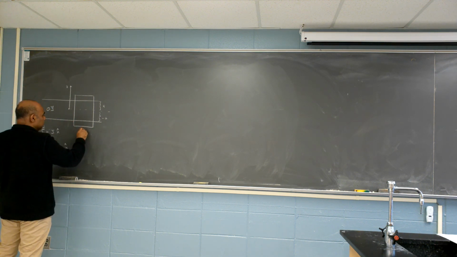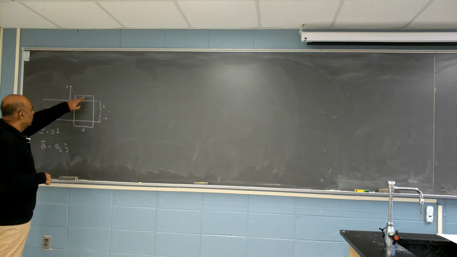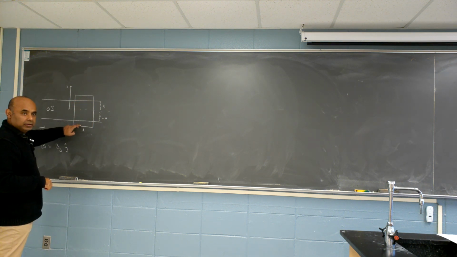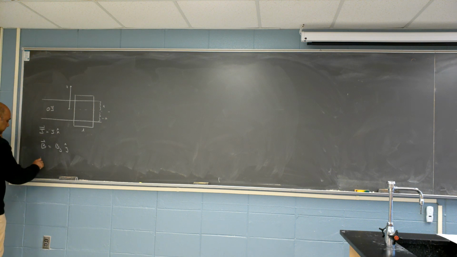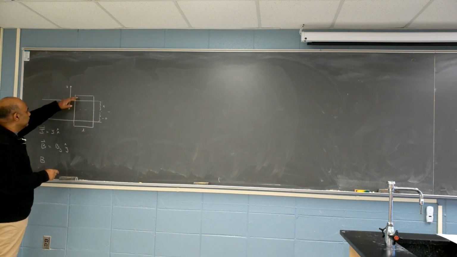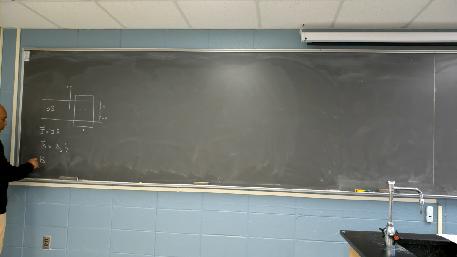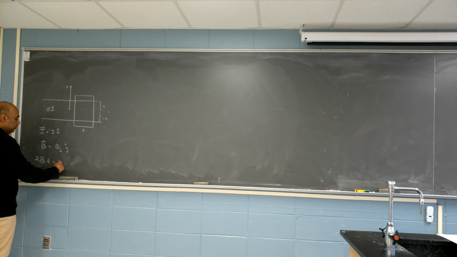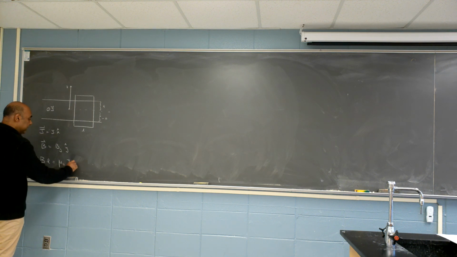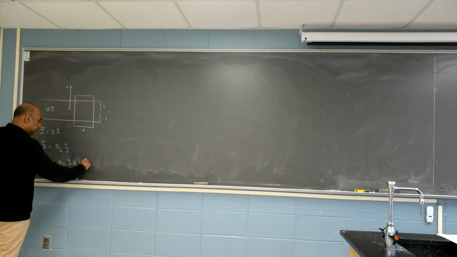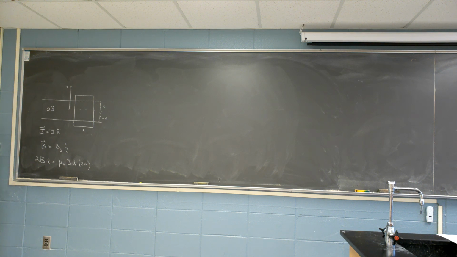Let's call this some L. So the contribution would be here and here. So B times B, if it's equidistant, the magnitude would be the same, right? So 2BL is equal to mu 0 JL times 2A. 2A being the thickness.